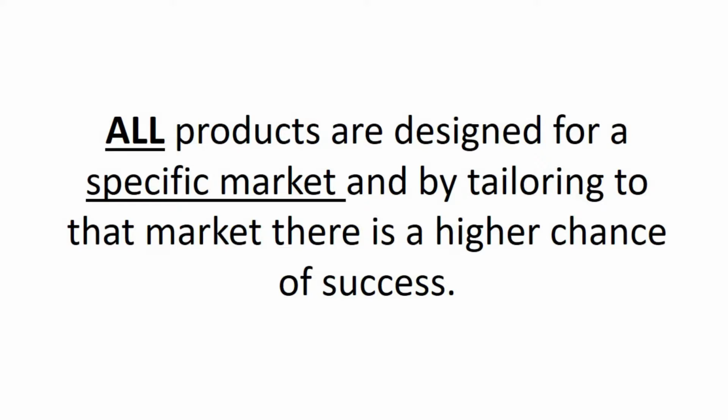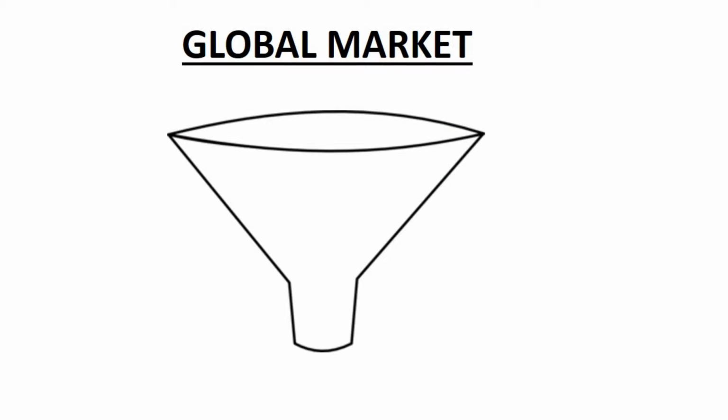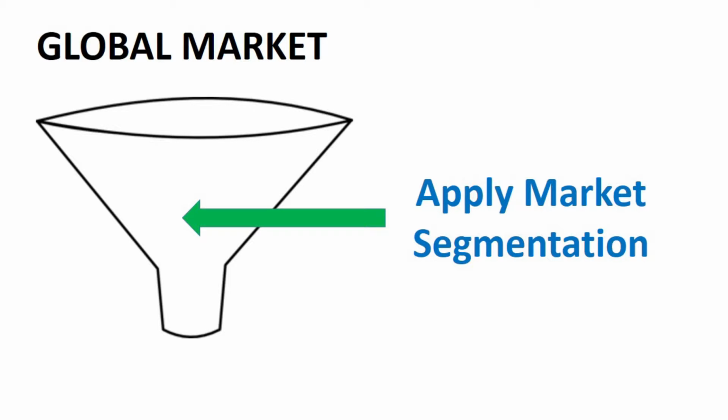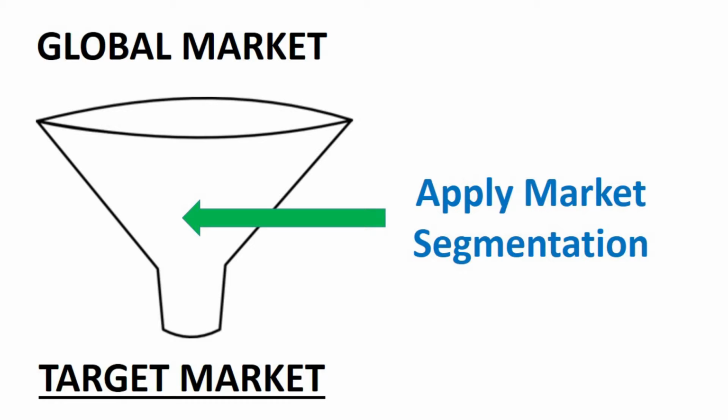So now what I want to do is give you a visual of what this segmentation actually looks like. Here's a funnel, and this funnel is basically what we call our global market, or let's just call it the internet market. What I'm going to be teaching you in this video is how to apply market segmentation to this wide group of consumers and come out with what we call your target market.